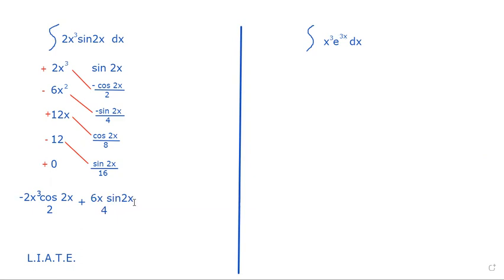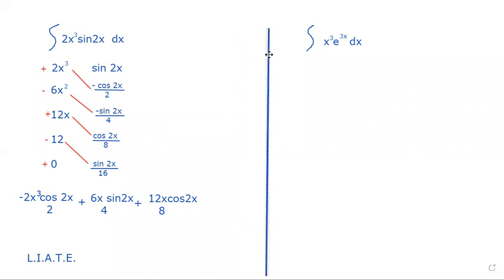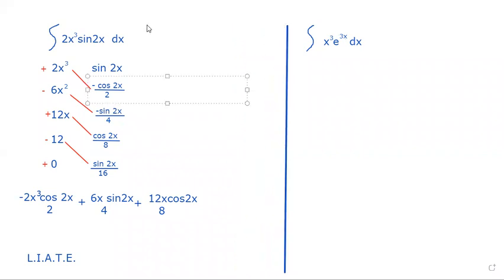Okay, now we have 12x times cosine 2x over 8. That's going to be plus 12x cosine 2x over 8. Let's move this over. Okay, and now for the last term, we're going to have negative 12 times sine 2x over 16.